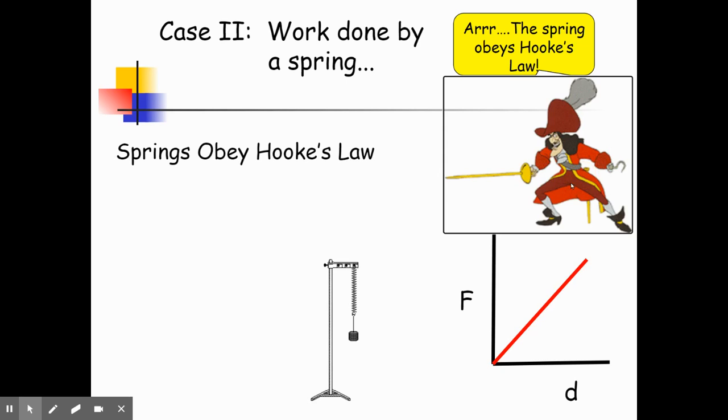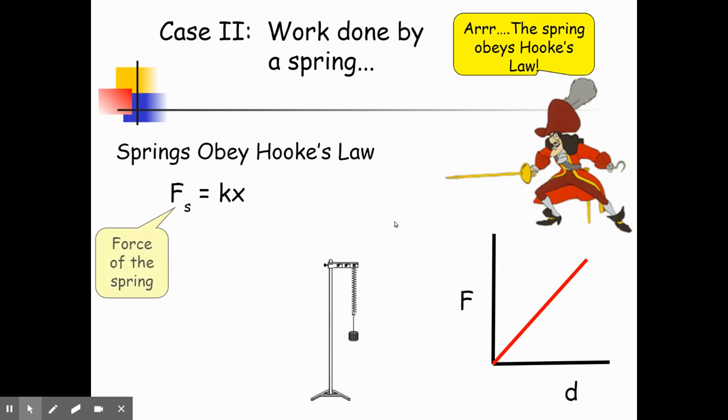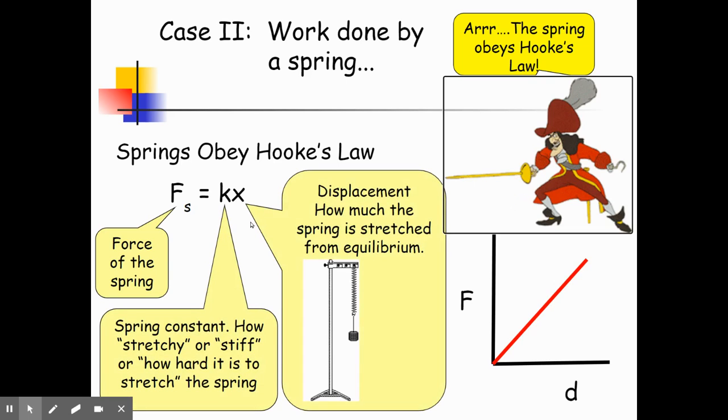So Hooke's law says that your force is proportional to the spring constant times how far the spring is stretched. So the force of the spring is Fs. Your spring constant is how stretchy or stiff or hard it is to stretch the spring.